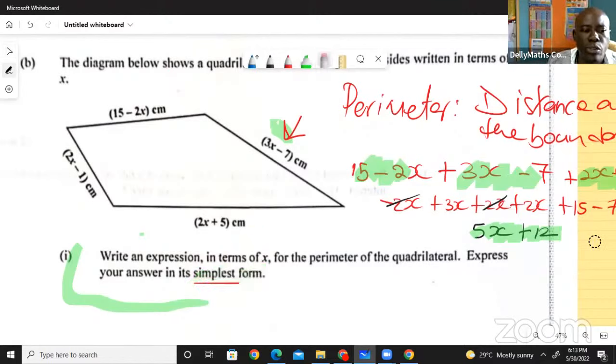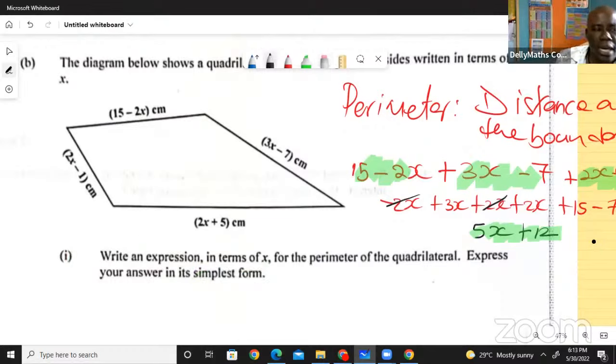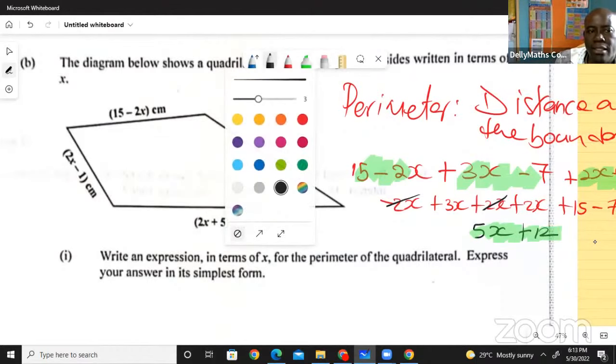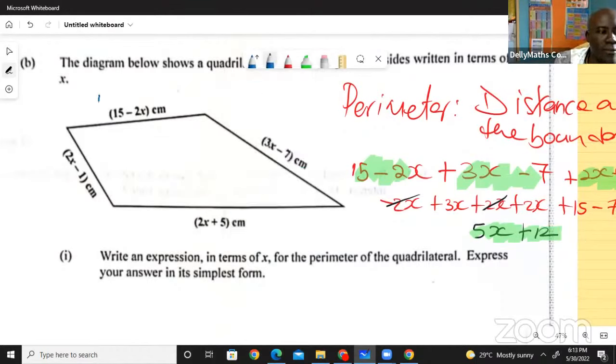So all we're going to do here is substitute x into all of these sides. This one says 15 minus 2x, but x is 4, so it's 2 times 4. So basically, we're looking at 15 minus 8, and this is going to be 7.